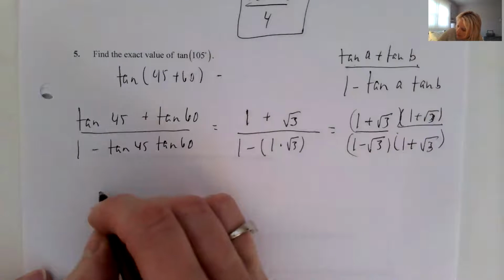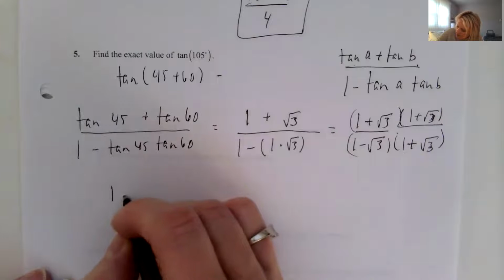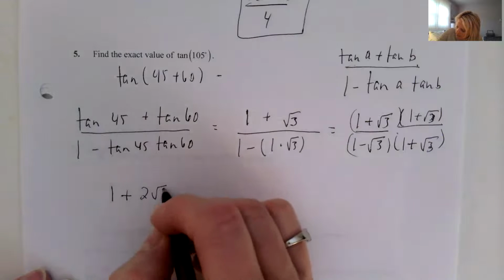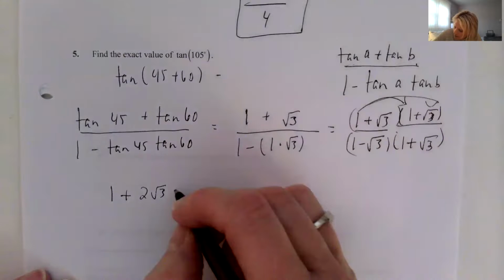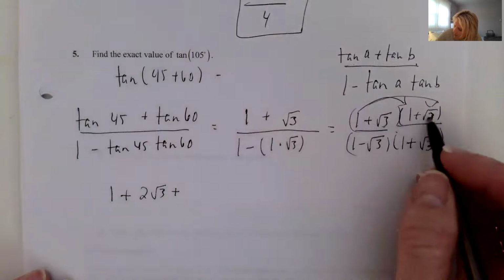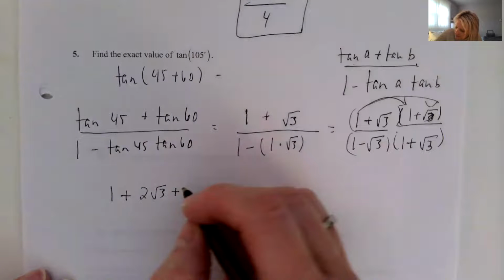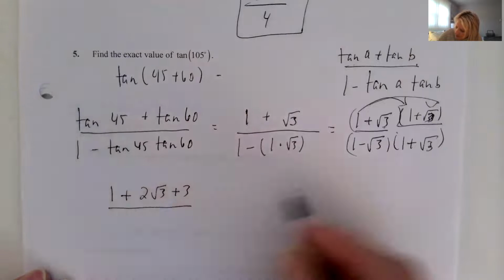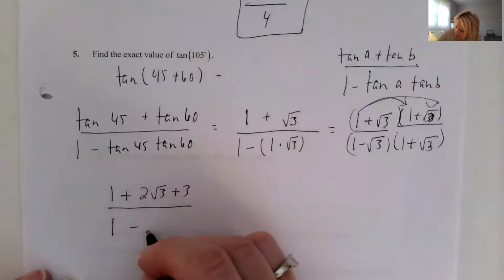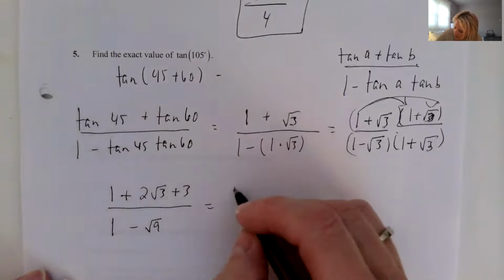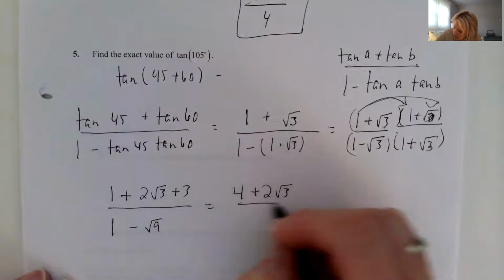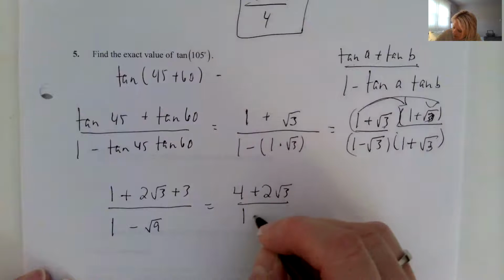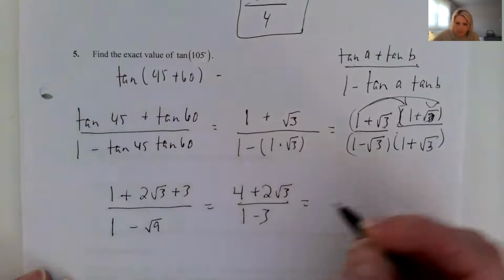So on top we'll have 1 plus 2 times the square root of 3 once you use your distributive property, plus the square root of 9, which is 3. And then we're going to have a difference of squares on bottom. So 1 minus the square root of 9. So it'll become 4 plus 2 times the square root of 3 all over 1 minus 3.